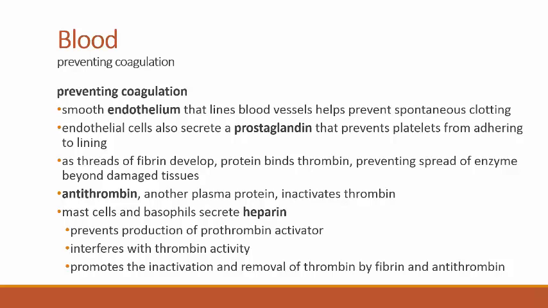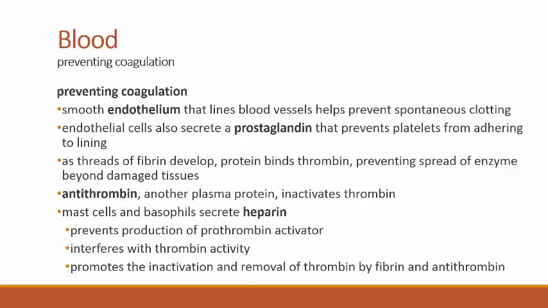All right, so there you've got it, all of the things related to clotting. Just as a quick review, we've talked about the events of hemostasis: vasospasm, platelet plug formation, and blood coagulation.